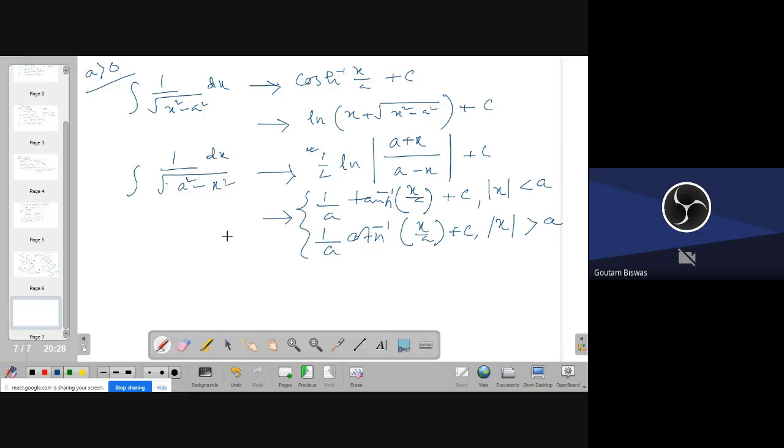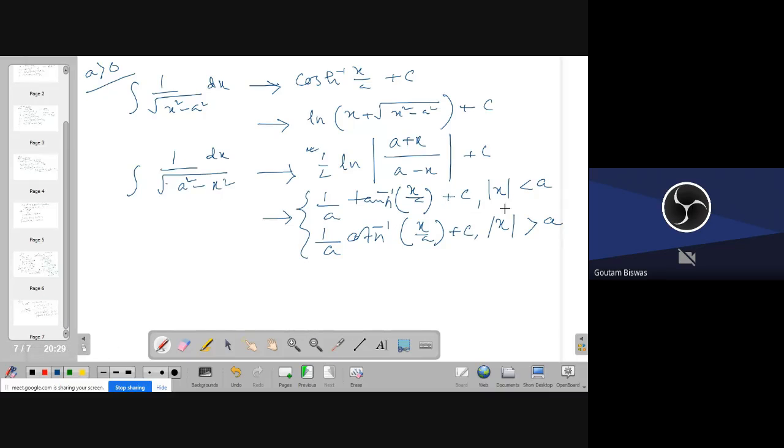Okay, now this one is due to a square minus x square. If modulus x is less than a, then this is positive. So this answer and these two may be the answer.